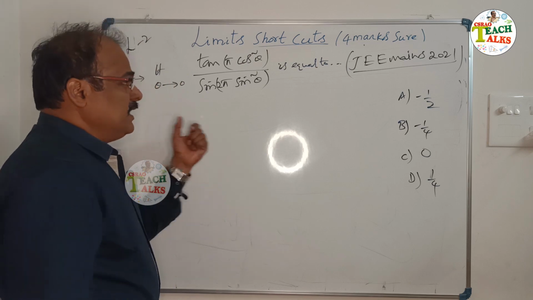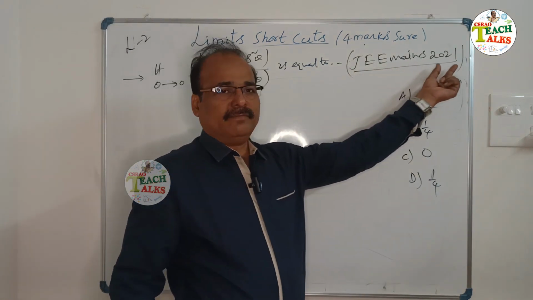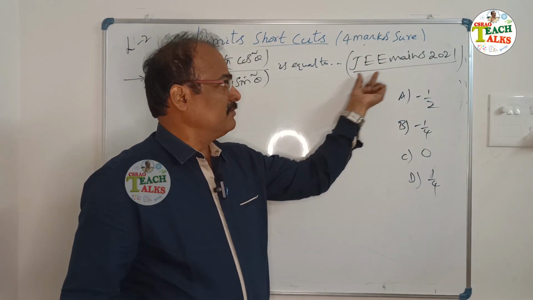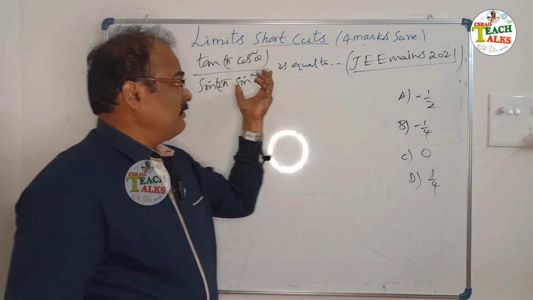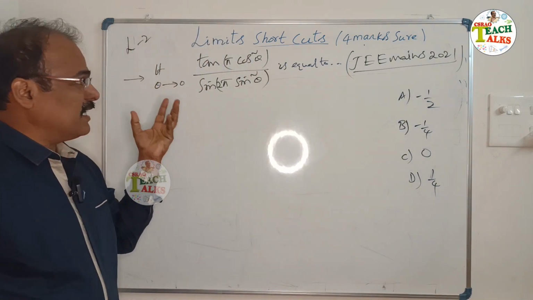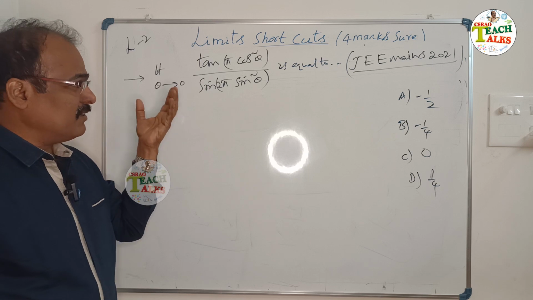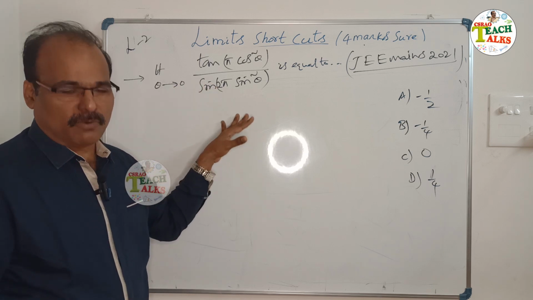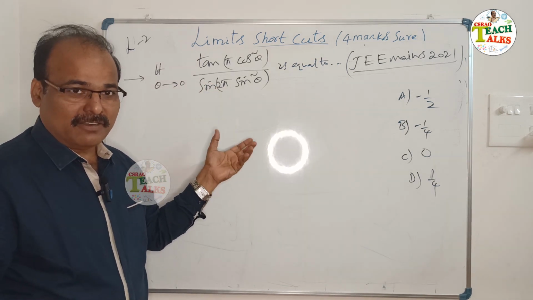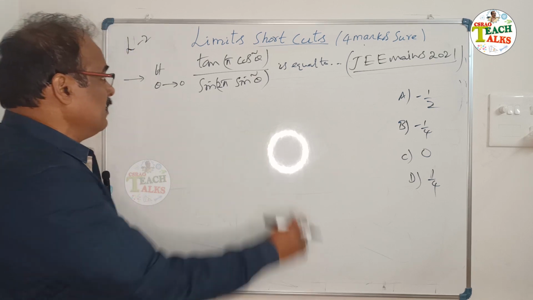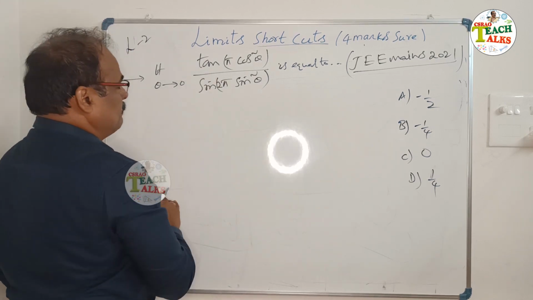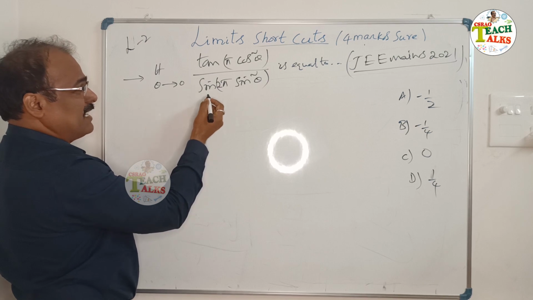See, this is the 2021 JEE Mains previous problem. How can we do this problem? We can easily solve the limits problems. You can understand how the limits are. Now, you see, here tan is there, sine is there.